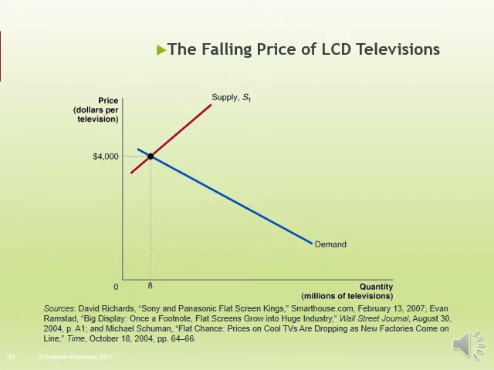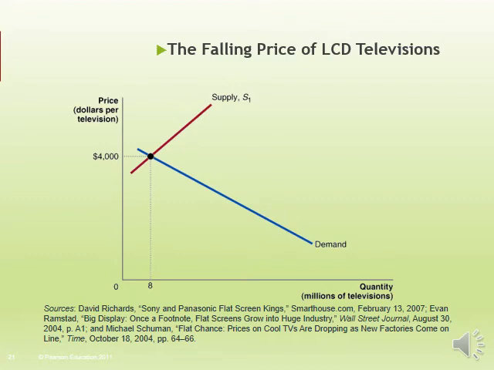They were about $4,000 for a small television of no more than maybe 19 inches. And so at that price, the supply was very low. And that meant that 8 million people were buying televisions every year, because that was the equilibrium price.